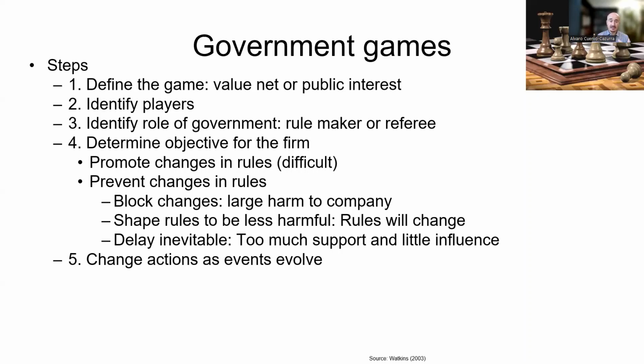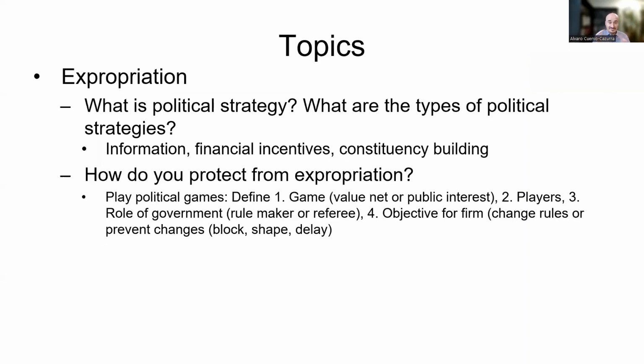There are many different alternatives, and then it's basically who can I work with, coalitions of aligned interests, who is going to be my opponent, and get into a game of influencing the government through information, through financial incentives, or indirectly through constituency building. So that's all. That's the story of political strategy.